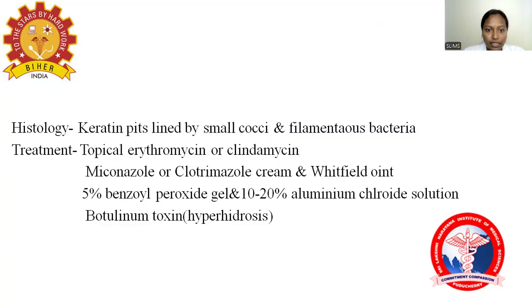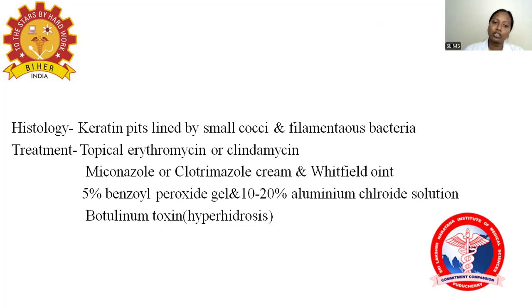Histologically, we see keratin pits lined by cocci and filamentous bacteria. Topically, as I told you, erythromycin or clindamycin, and miconazole or clotrimazole again for the anti-inflammatory properties. Benzoyl peroxide gel, which is available in 5%. And to reduce the sweating, we give the 10 to 20% aluminum chloride solution also.